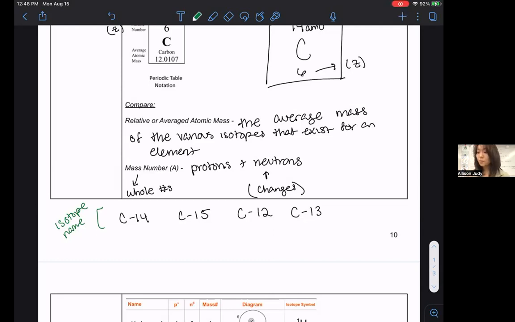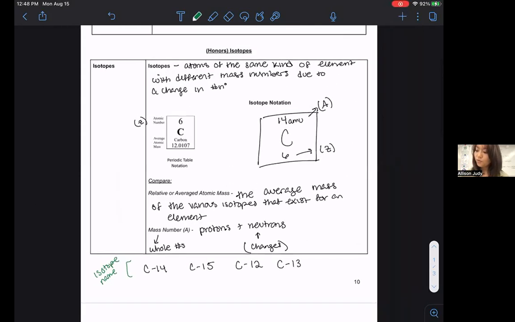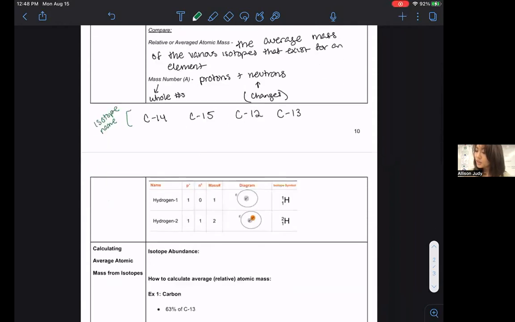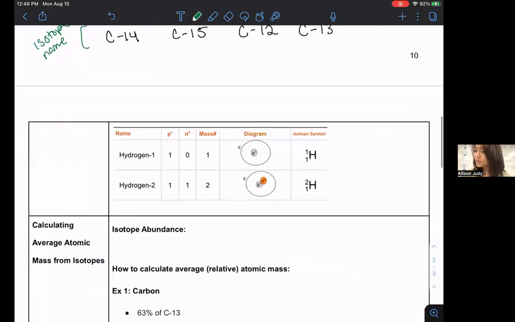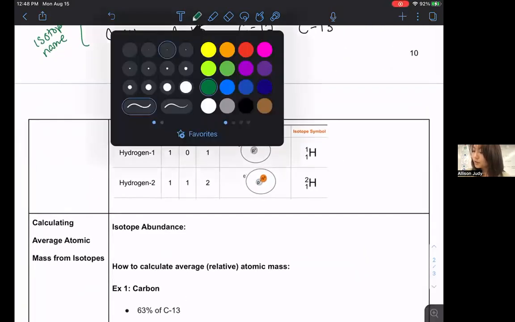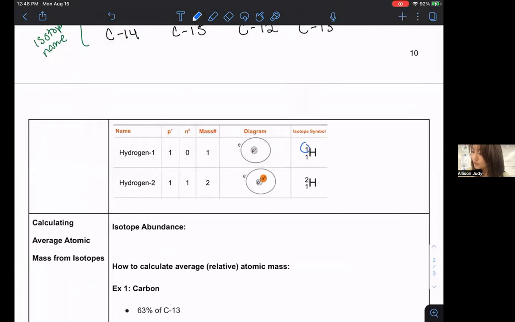So that's just your quick review as well as notation. You will be expected to write and interpret between these 3 types of notations. So here's some examples. Feel free to study this. Quick note, here is your mass number on top, the thing that changes between these 2 isotopes of hydrogen, and your proton number, atomic number on bottom, which is consistent because it's the same element.